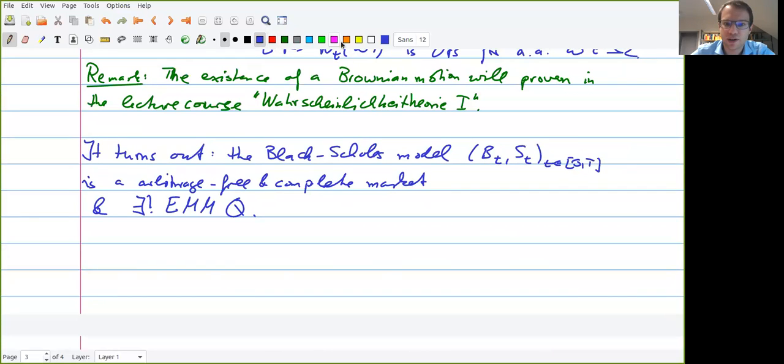So if we now, in this Black-Scholes setting, the Black-Scholes model, the arbitrage-free price.